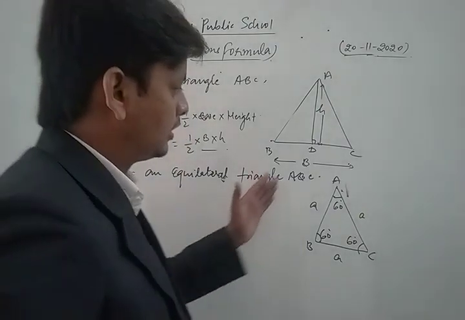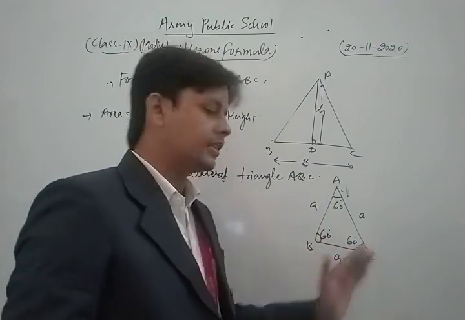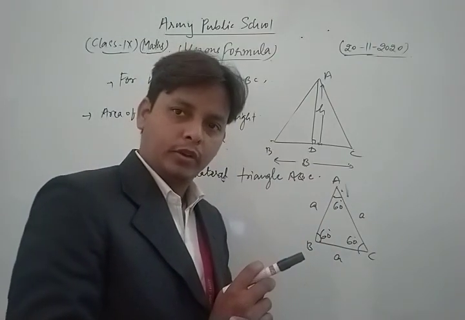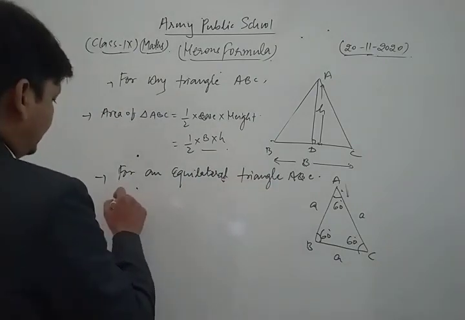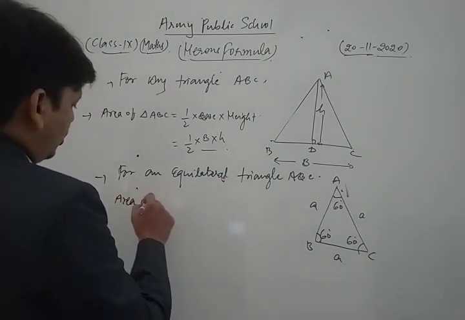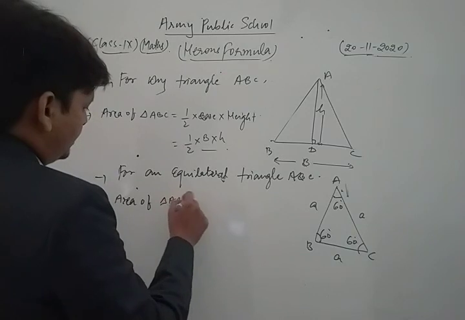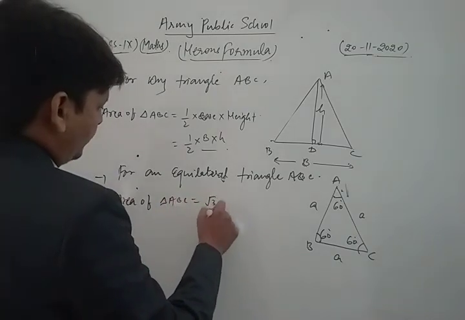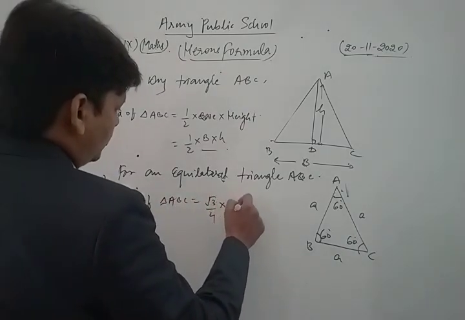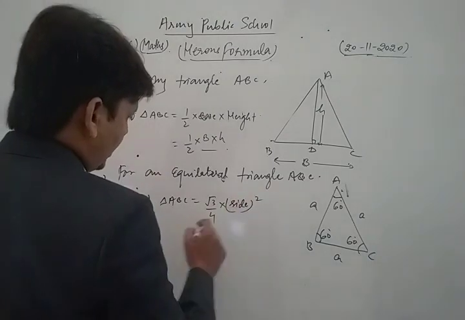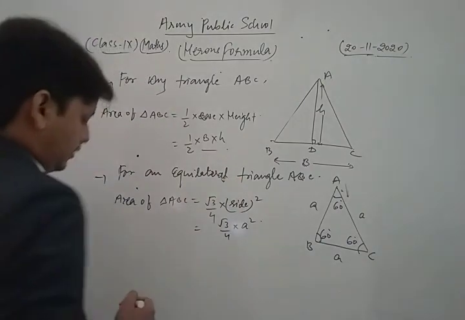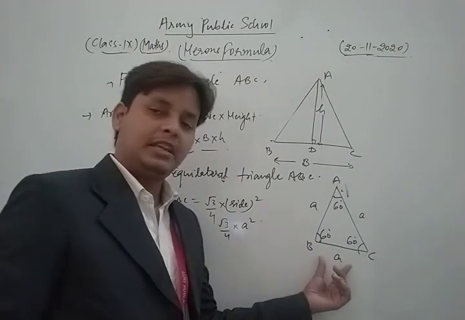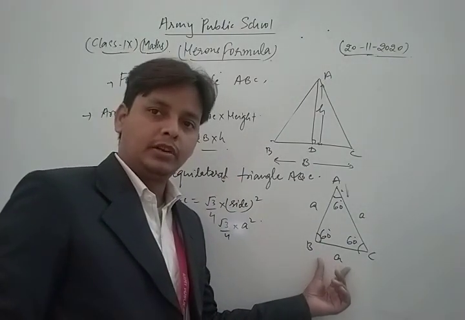Now dear friends, ABC is a triangle here. Now for that triangle, the area of an equilateral triangle, area of triangle ABC, is equal to root 3 by 4 into side squared, that is root 3 by 4 into a squared, because here we take a as the side of the equilateral triangle.